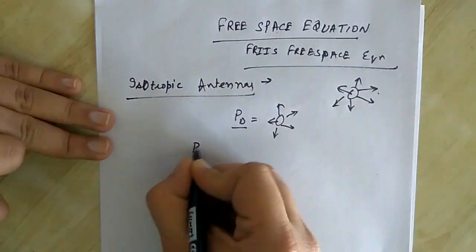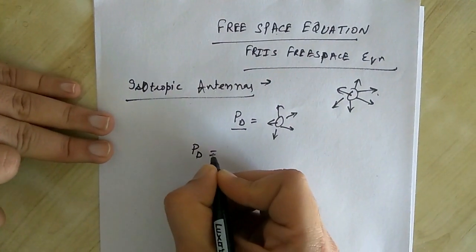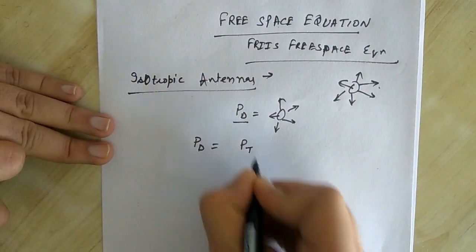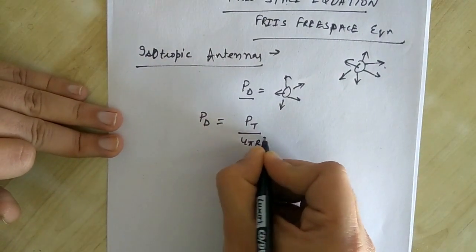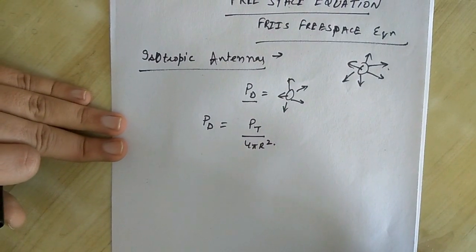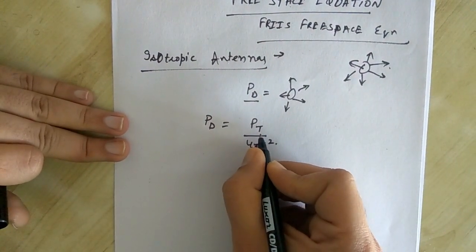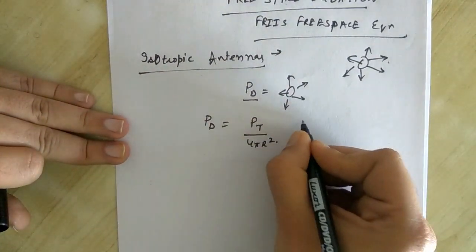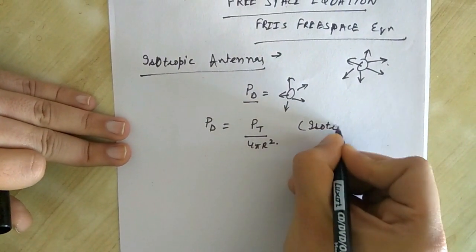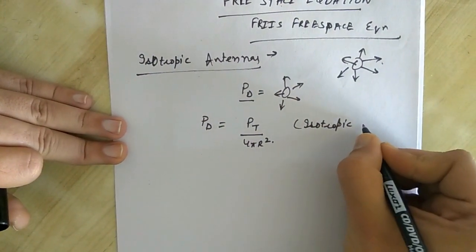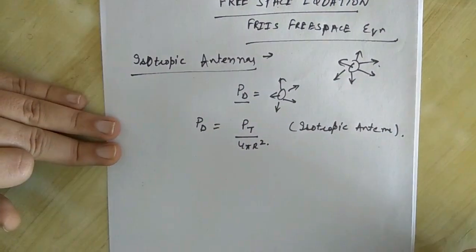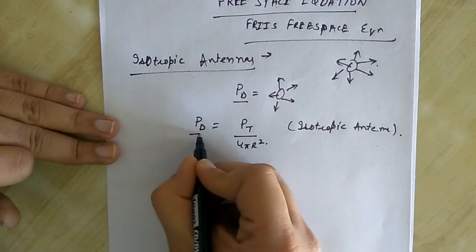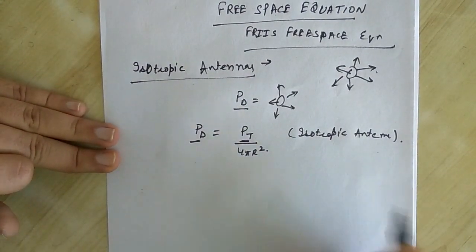So the power density for the isotropic antenna is given by the power transmitted upon the surface area of a sphere. That is the transmitted power which is transmitted by this isotropic source, which is capable of transmitting the radiations in all directions equally. That is, power density is equal to Pt upon 4 pi r square.